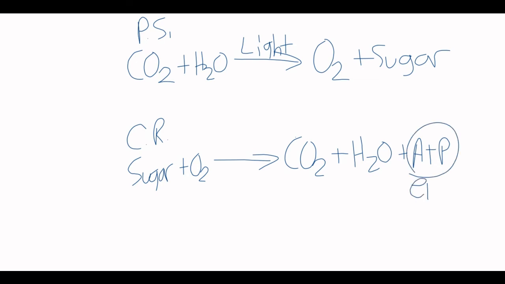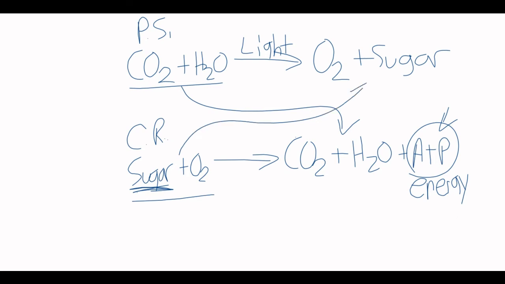ATP is an energy molecule. Cells, plant cells, animal cells, they cannot use sugar. So cellular respiration turns this chemical energy into this chemical energy over here. So that's it. And these reactants are these products. And these reactants are these products. So they're the opposites of each other. That's why they make a cycle.